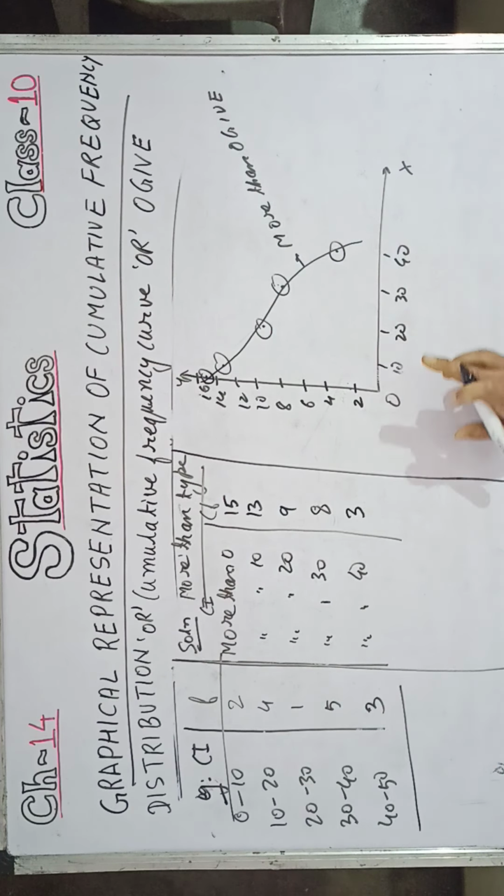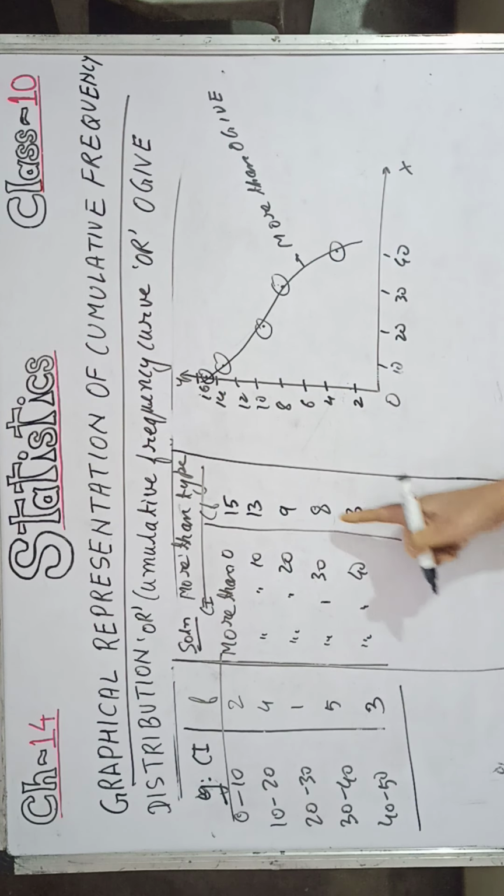Now how to find the median from this? So the steps which I explained to you, let us see again what we will do. We will find the point 0 comma n by 2. Now n over here is how much? 15. So n equals 15. This implies n by 2 is 15 by 2. Correct, children? So this is 7.5.